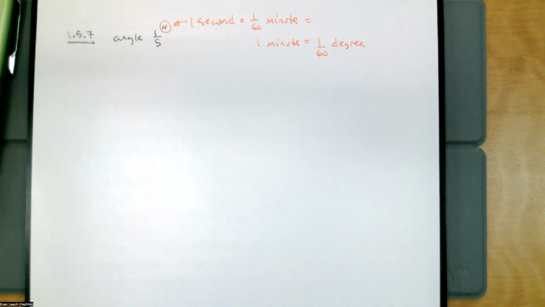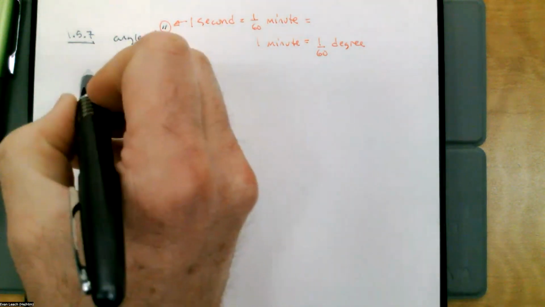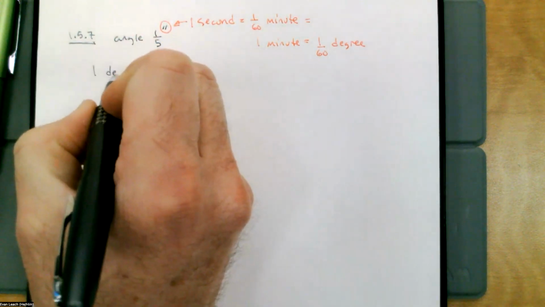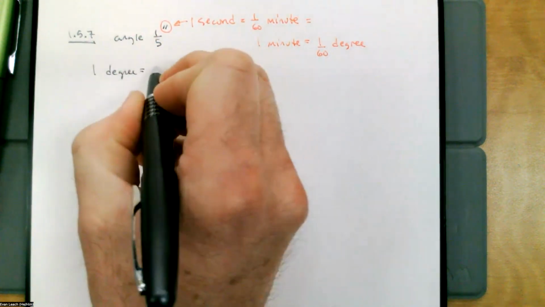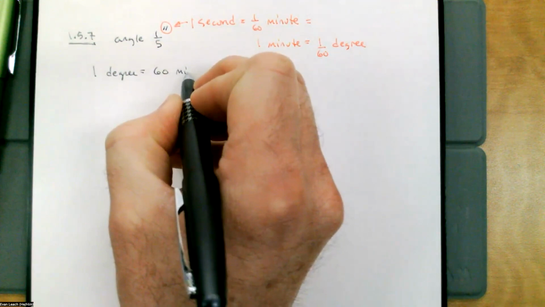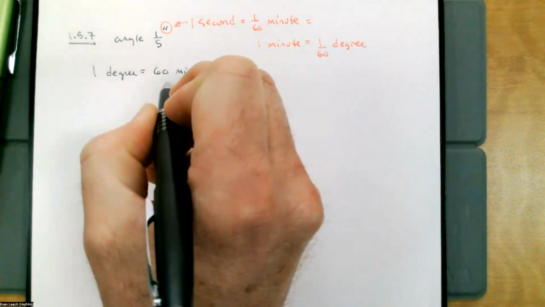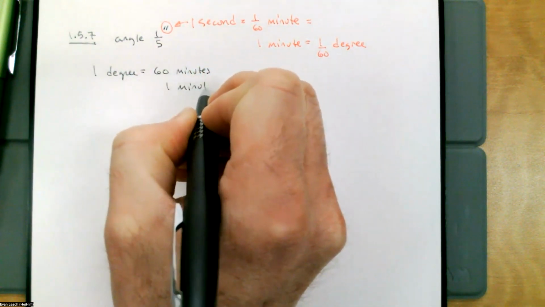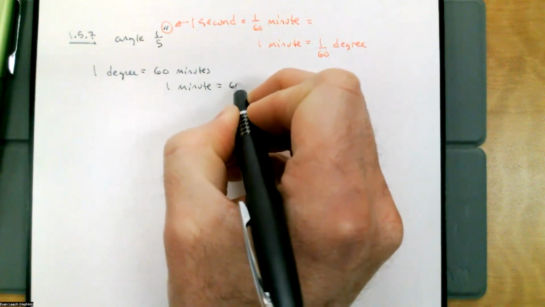So if we want to think of this 1 second angle, that's 1/5 of 1 second angle. This is 1/5 of 1/60th of a minute, and that's 1/60th of a degree. So 1 degree is 60 minutes. 1 minute is 60 seconds.